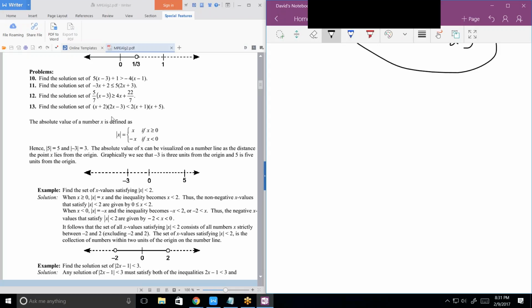So it'd be 2x squared minus 3x plus 4x, so it'd be plus x. In other words, I don't mind doing that little shortcut. Minus 6 is less than.